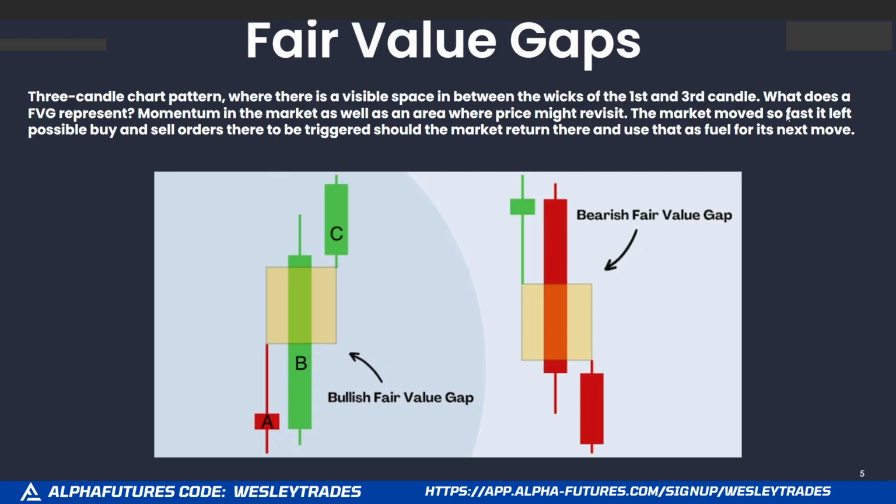The market moved so fast it left possible buy and sell orders there to be triggered should the market return there and use that as fuel for its next move. Like exactly what I explained just now.